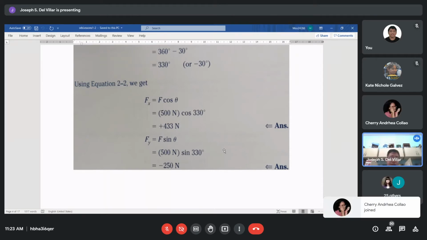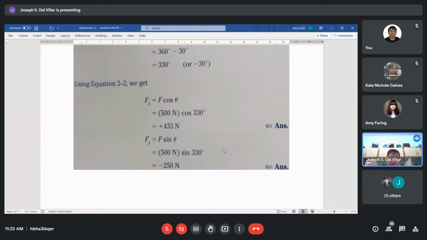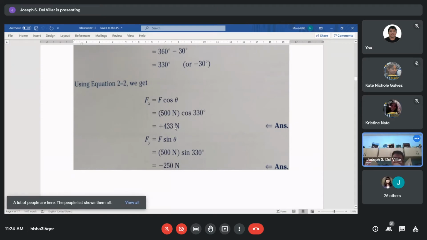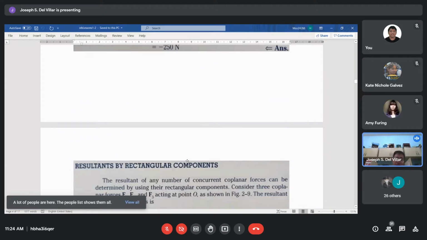Kasi umabot na siya ng thousands. Para maliliit na numbers ang isusulat nyo. So 1,433 newtons or 1.43 kilo newtons. Understood? So pag umabot naman ng millions, mega. Billions, giga. So yun yung agreement natin.